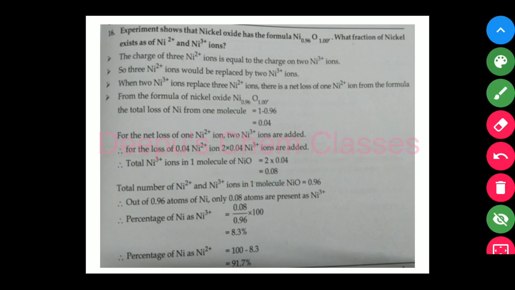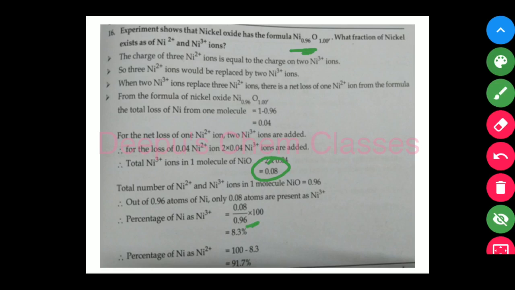Now find out the percentage of Ni3+ ion and Ni2+ ion present in the compound. For Ni3+ ions, we just found the total number of Ni3+ ions present in one molecule of nickel oxide is 0.08. In order to find the percentage, take the amount present divided by the total amount as per the experimental value.